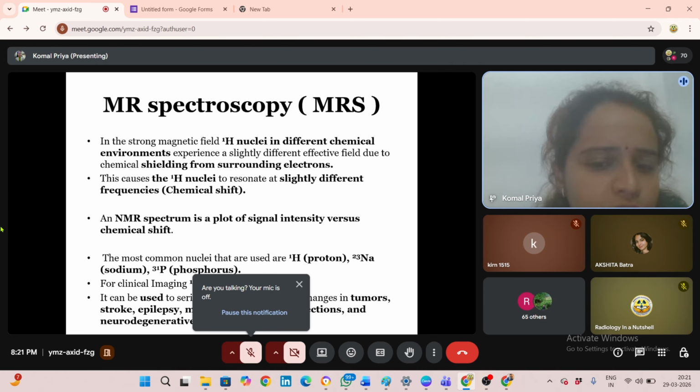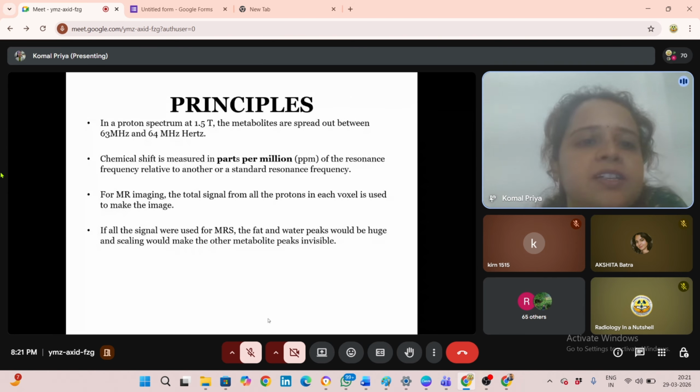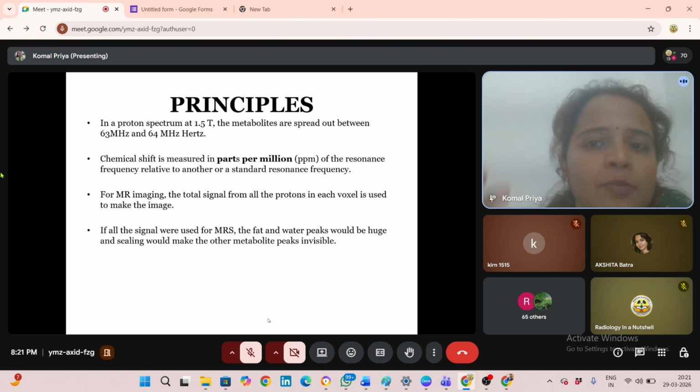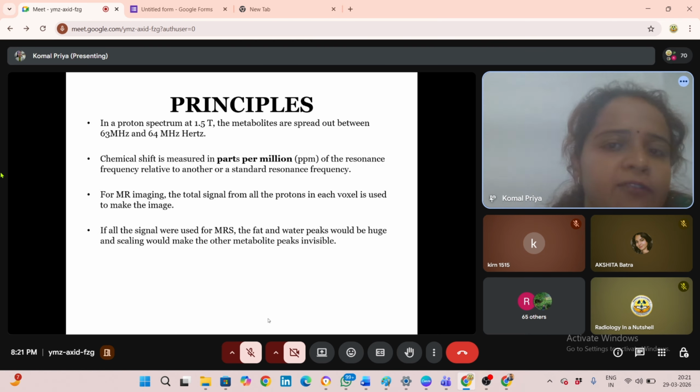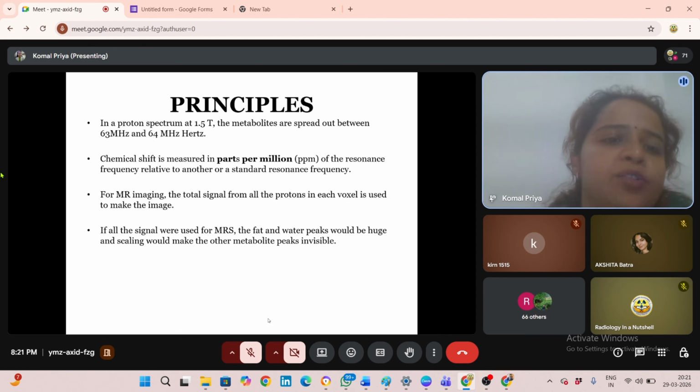And of course, MR spectroscopy will show you the changes in tumors, in stroke, in epilepsy, or any neurodegenerative diseases. You can see in a proton spectrum of 1.5 Tesla, metabolites are spread out. All these chemicals are known as your metabolites, and they will show your chemical shift, which is measured in parts per million based on the resonance, like how the protons are vibrating.